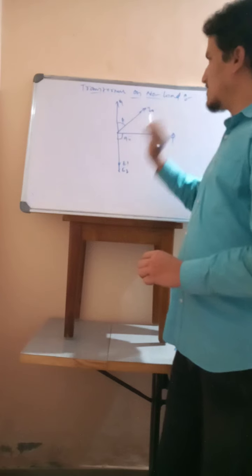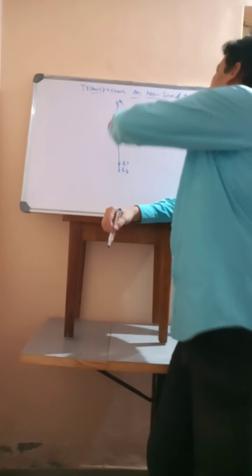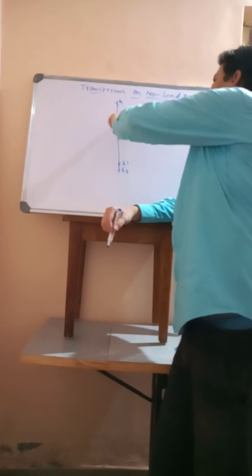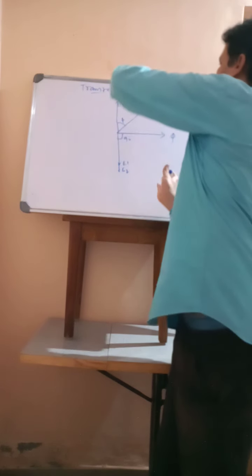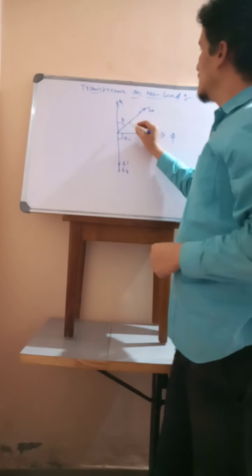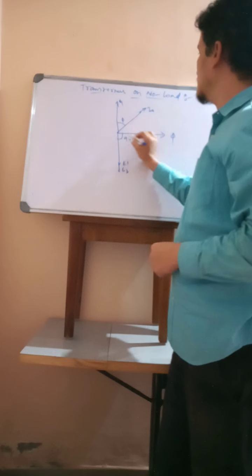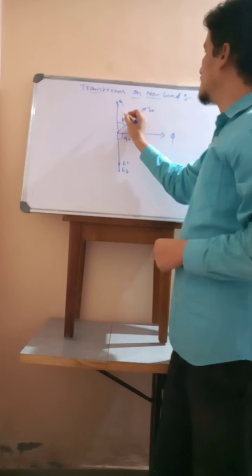So this I naught will have a horizontal component and a vertical component. I have to rotate this board by 90 degrees. If I take the angle here, then this is the horizontal component and this is the vertical component.